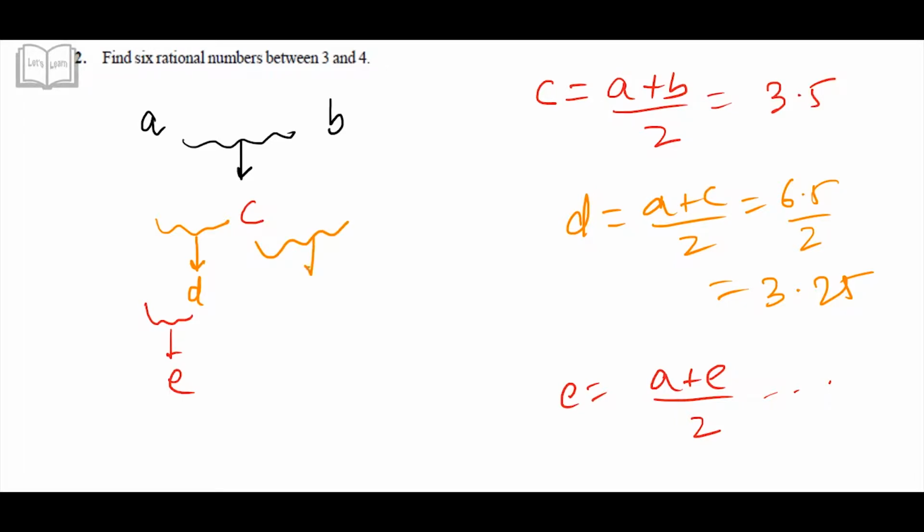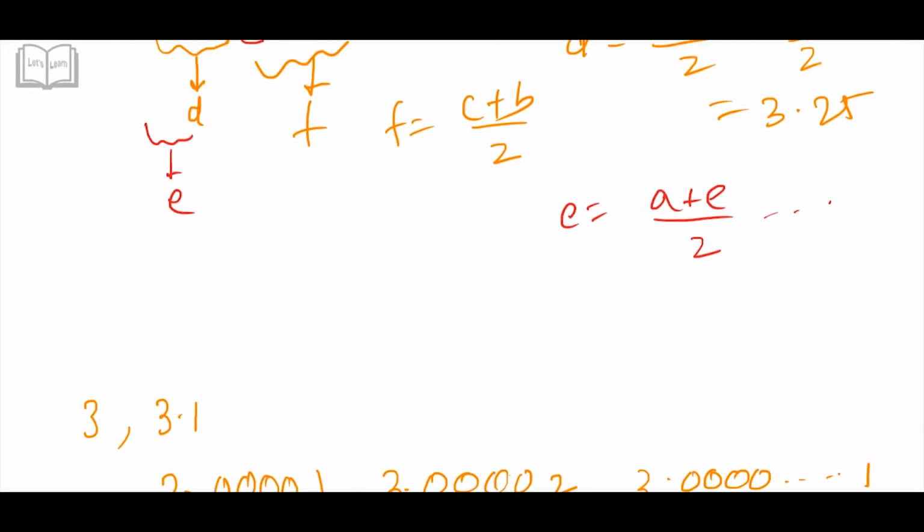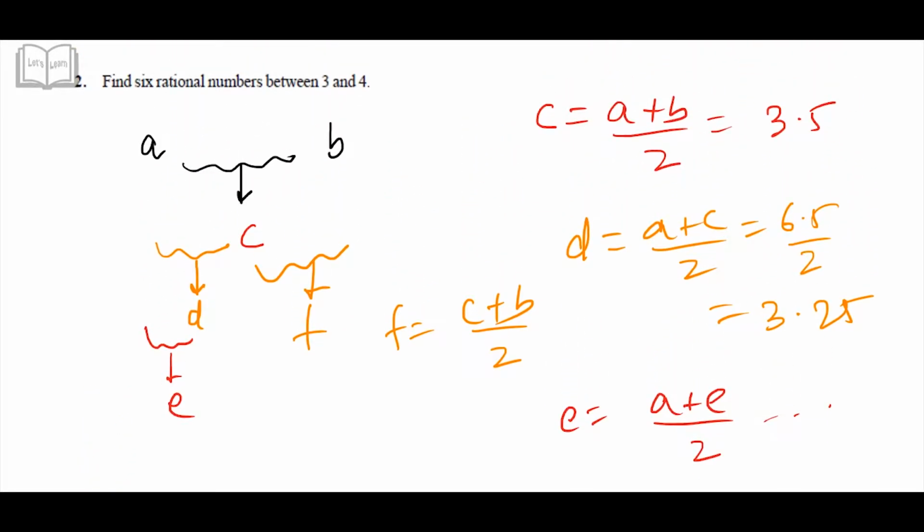You can also find a number between C and B. Let it be F, so F will be (C plus B) by 2. In this way you can generate an infinite number of rational numbers between any two rational numbers. I hope this is clear to you.